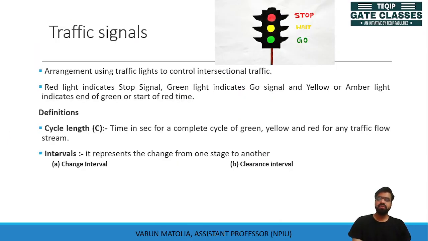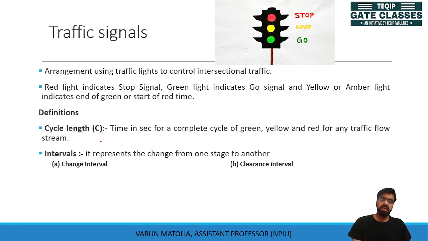Traffic signals, you all have seen these signals on the road. You already know what these colors mean. This is an arrangement which is made at an intersection in order to allow a safe traffic movement through the intersection. It is a regulated traffic movement. It is an active control arrangement in which the driver has to follow certain instructions, willingly or not willingly.